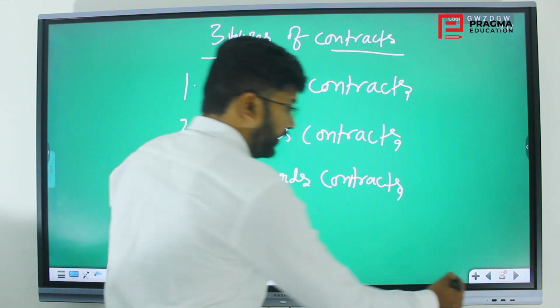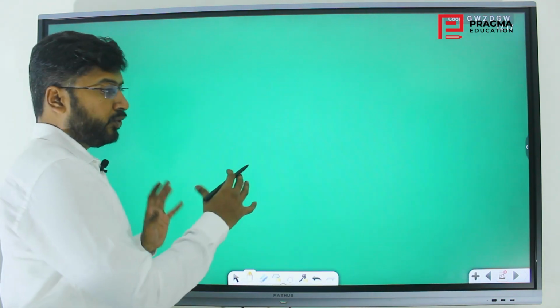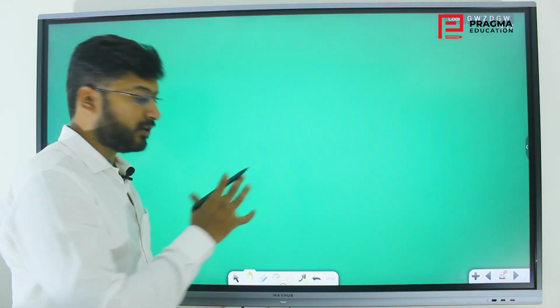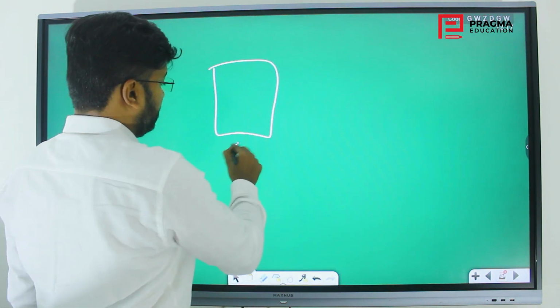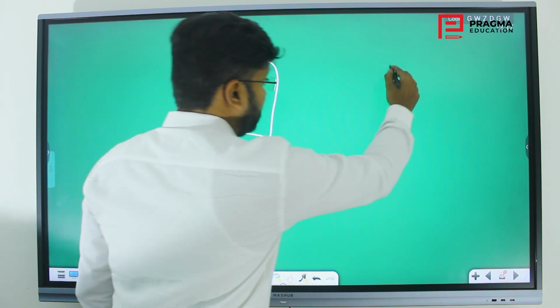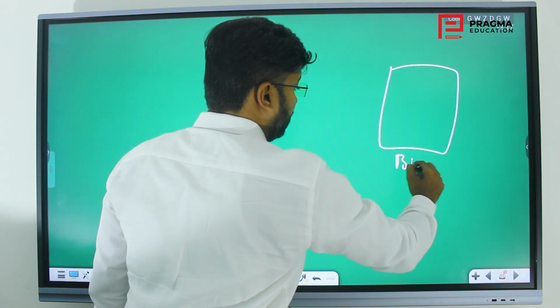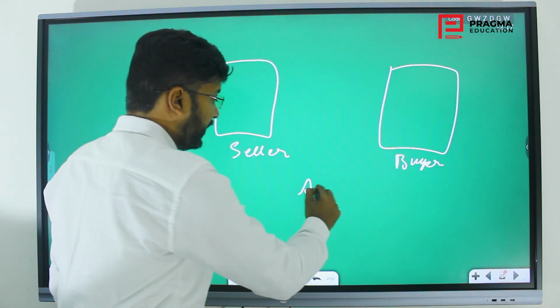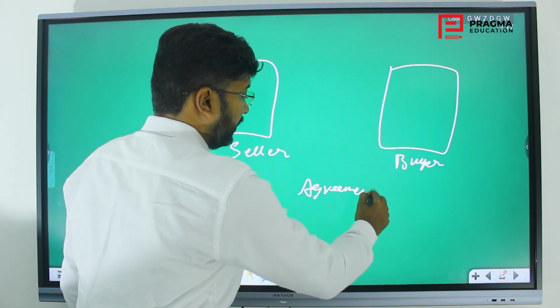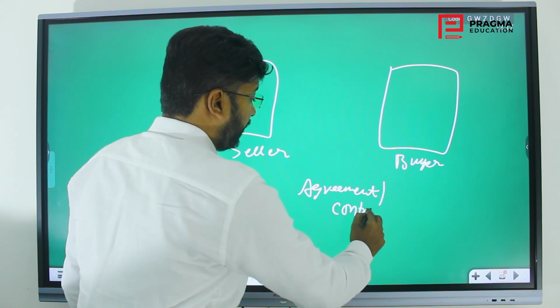We'll have to understand a little concept here in order to understand the 3 types of contracts and how they have actually emerged. Say suppose there is a seller. As I told earlier, like the earlier example, there is a seller and there is a buyer, and there will be an agreement or contract.